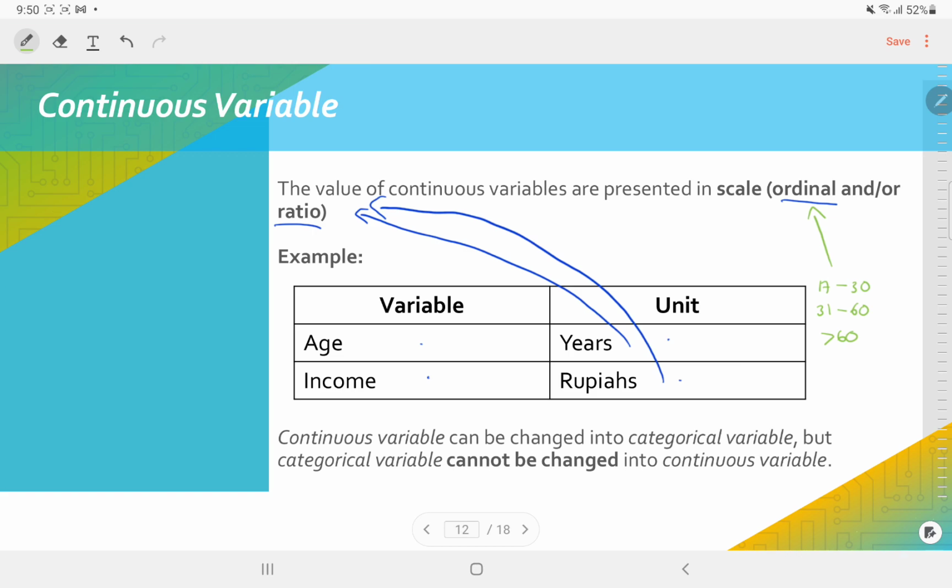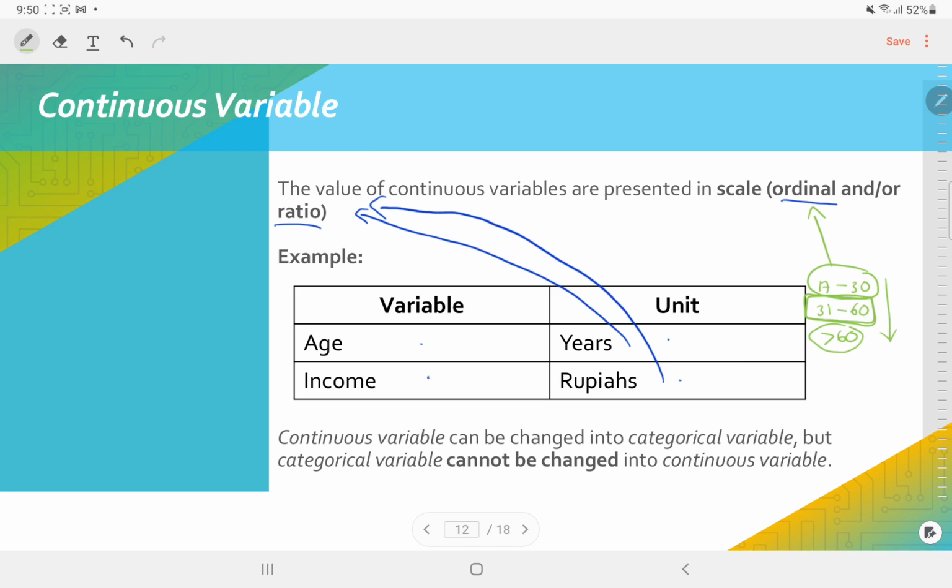Because we don't have the real 0. We don't have the exact value of null. We just want to classify the data, to differentiate the data, but with a rank. These ones should be older than this one, and 31 until 60 should be older than this one. It means that it has rank.